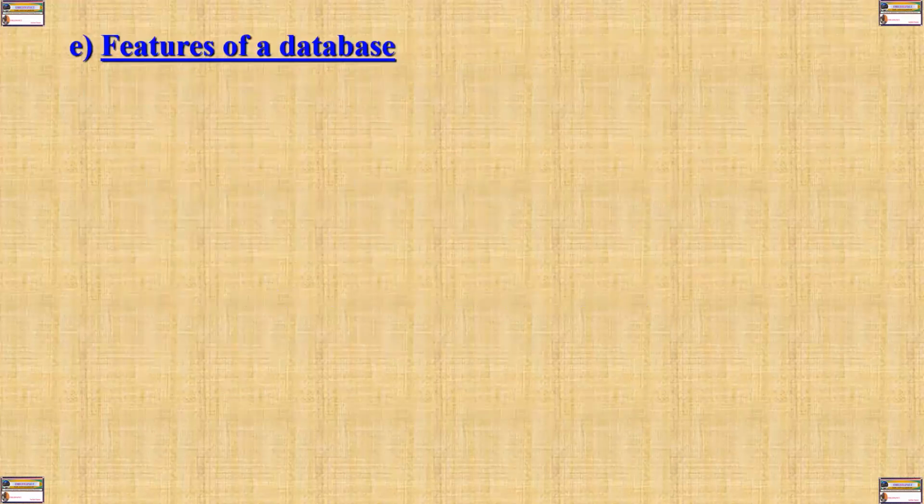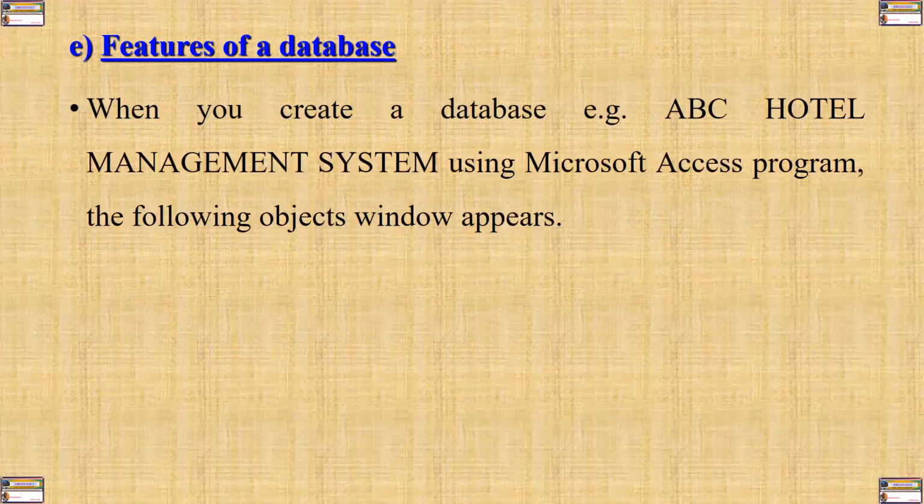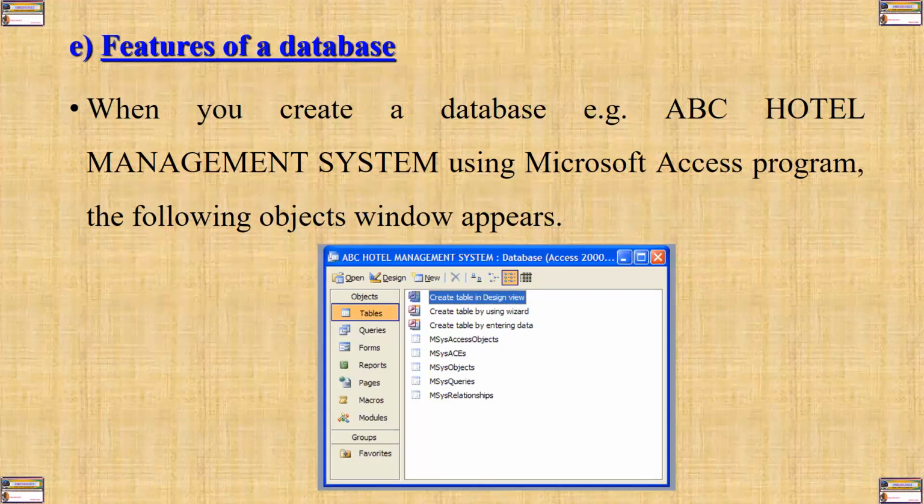Let's now look at the features of a database. When you create a database, for example, ABC Hotel Management System using the Microsoft Access program, the following objects window appears. So we have an objects window like this one, and it has several database objects, which are tables, queries, forms, reports, pages, macros, modules.